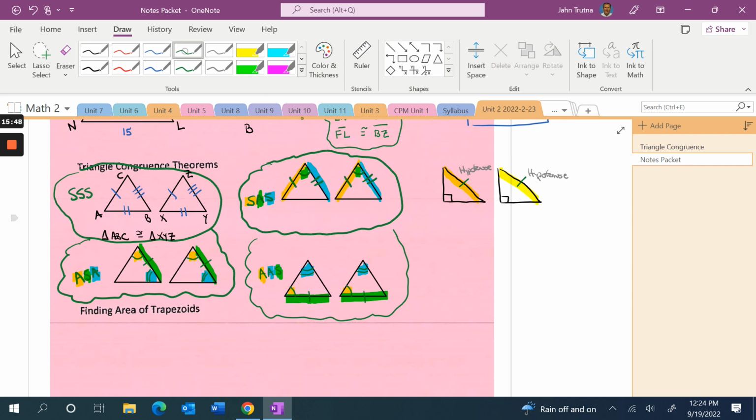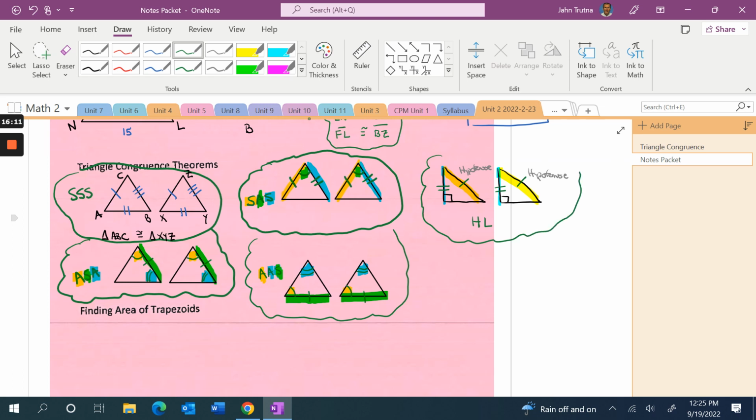And then let's say that one of the other sides is congruent. Like let's say this left side is marked as congruent to the other left side, and I'm highlighting those sides in blue. Okay, so these two triangles would be congruent, and the rule is called the hypotenuse leg rule.